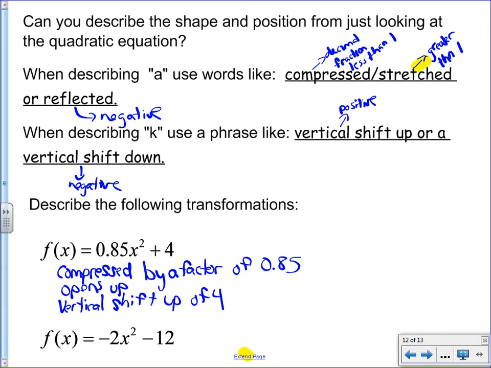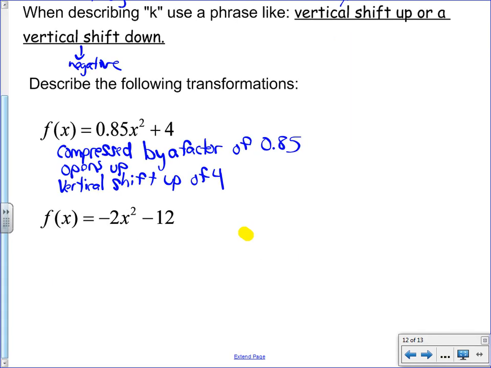Looking at this one, what could you tell me about this equation here? f of x equals negative 2x squared minus 12. Austin? Reflected by a factor. Oh, hang on. This is a two-part. Okay, it's reflected in the x-axis. We're just saying it's flipped. Now this 2, will it have a stretch factor or a compressed factor?